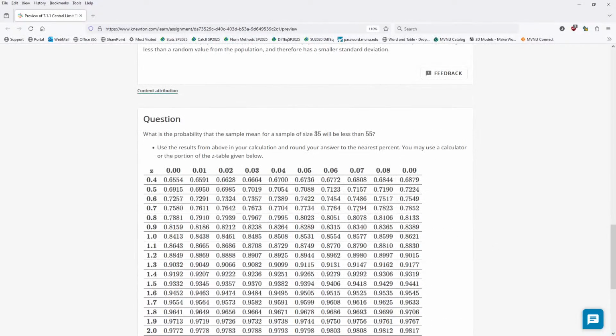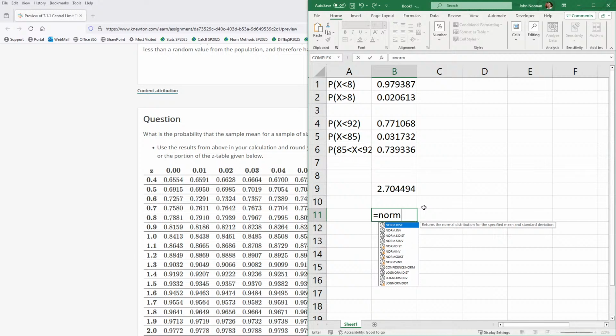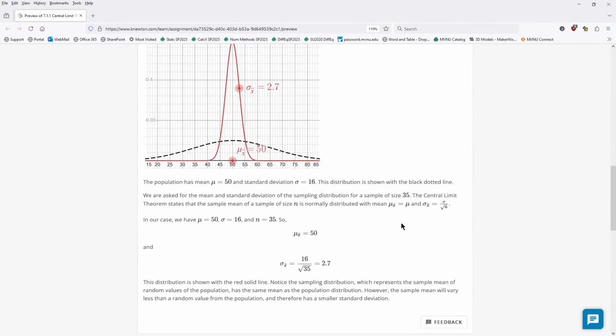And so here's the business with the table. So I want a sample size that will be less than 55. So over here we're going to do equal to norm.dist of, what was it? Sorry, I have to remember what the original thing was. 50.